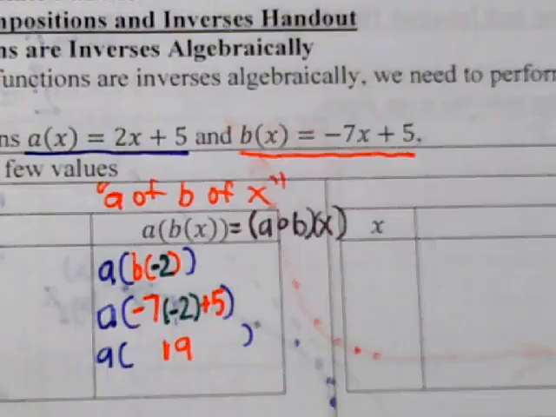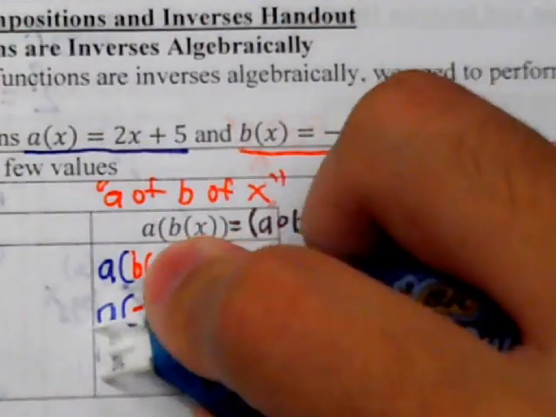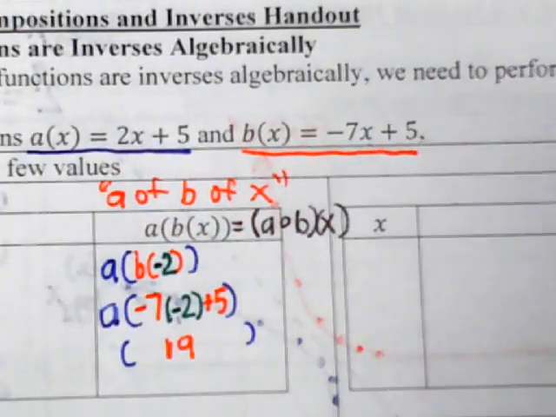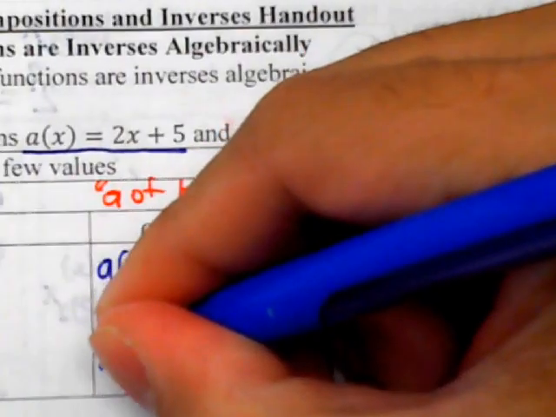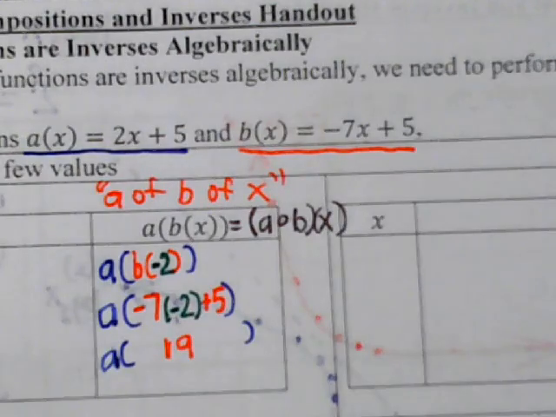Sorry, my 8's keep looking like 9's. Now that we've done the inner part, we can do A of 19 like normal. Now we look at the A function, 2x plus 5.